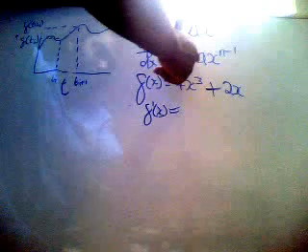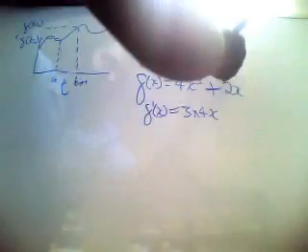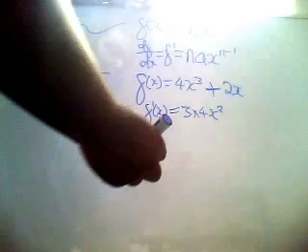4 is our a, and obviously 3 is our n. So the n comes down, i.e. our 3 comes down. So it's 3 times 4, x to the power 3 drops down 1, so it becomes x squared.